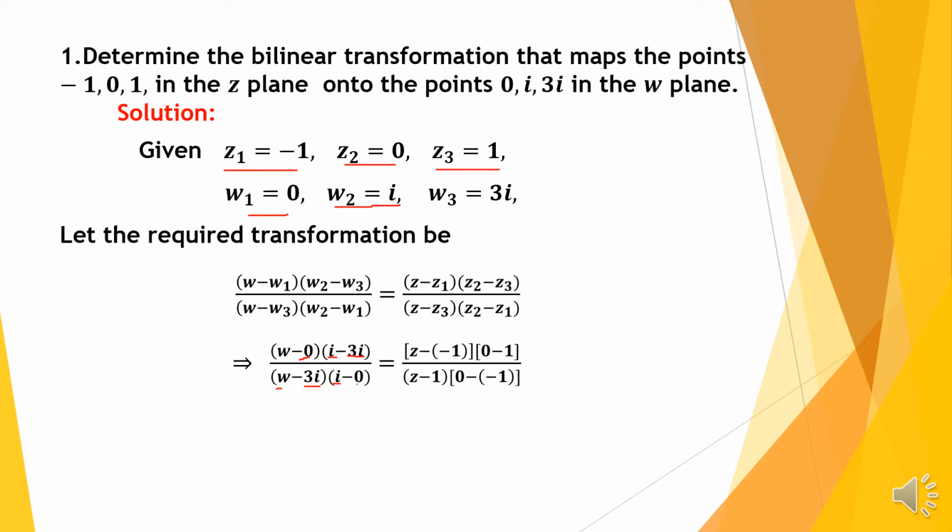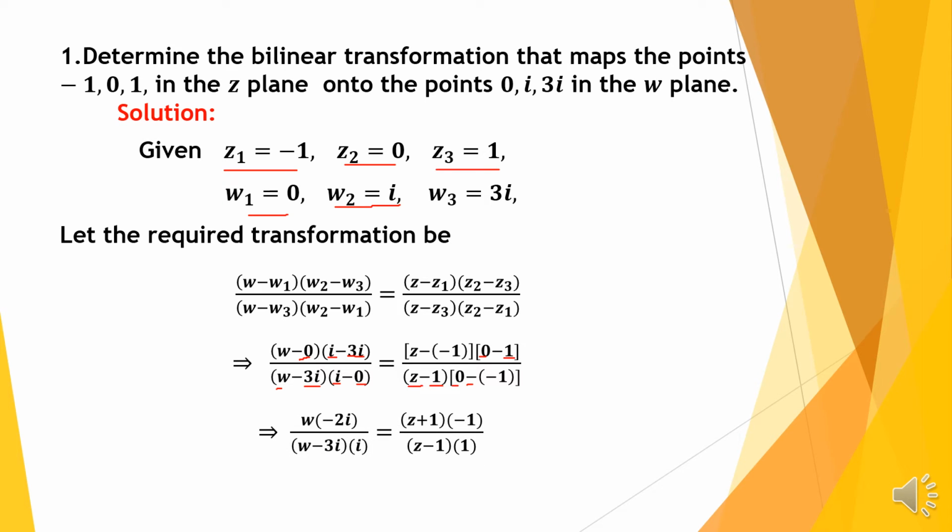So here w2 is i, minus w1 is 0, is equal to, in the right hand side, z - z1. So here z1 is -1, so we have to write in bracket, into z2 - z3. Here z2 is 0 minus z3 is 1, divided by z - z3, z3 is 1, into z2. z2 is 0 minus z1 is -1. We have to write in bracket.